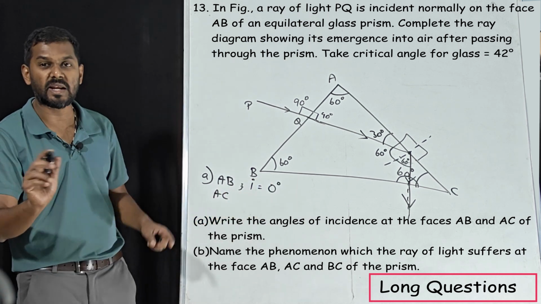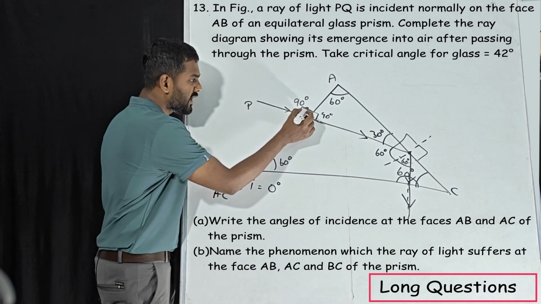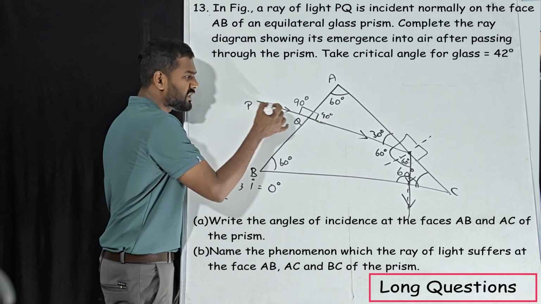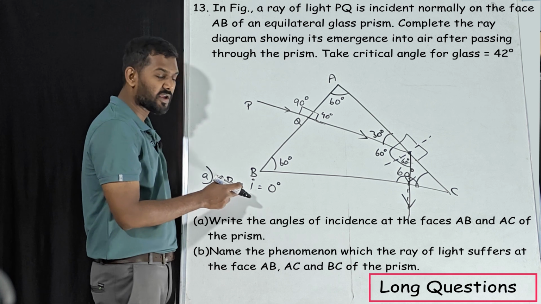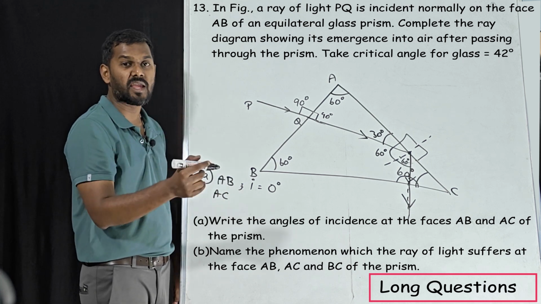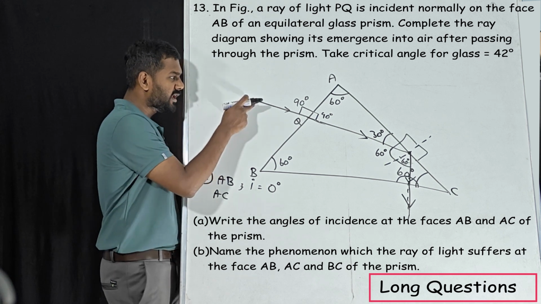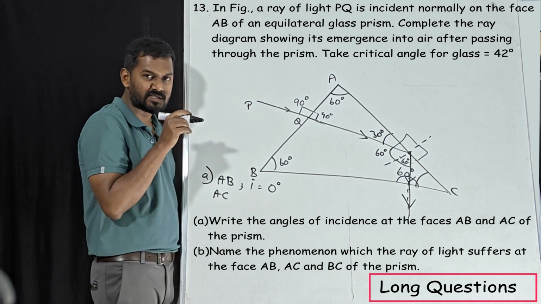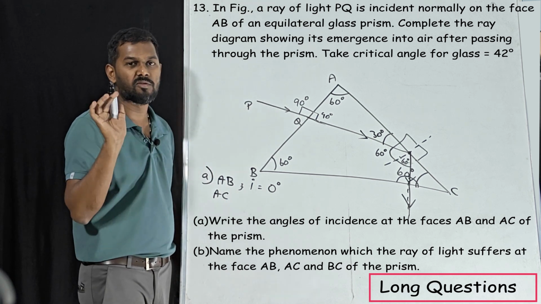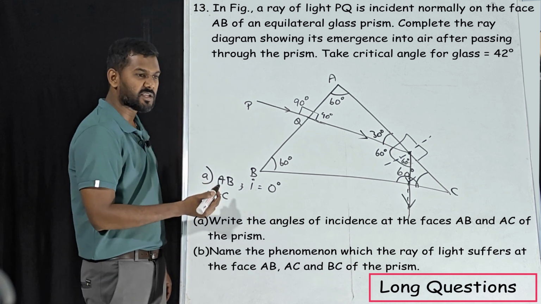Keep this in mind. It is not 90 degree. That is the angle between the surface and the incident ray, but here we are talking about the angle of incidence, which is the angle between the incident ray and the normal. If the incident ray is on the normal, the angle will be 0 degree. Keep this in mind.